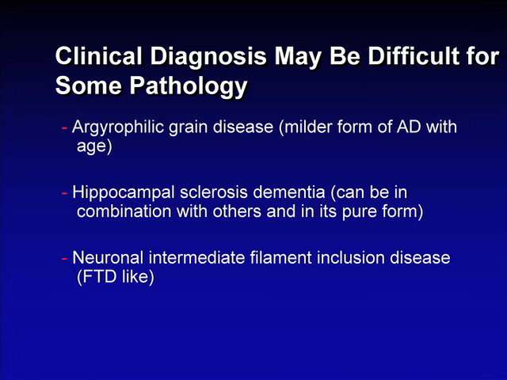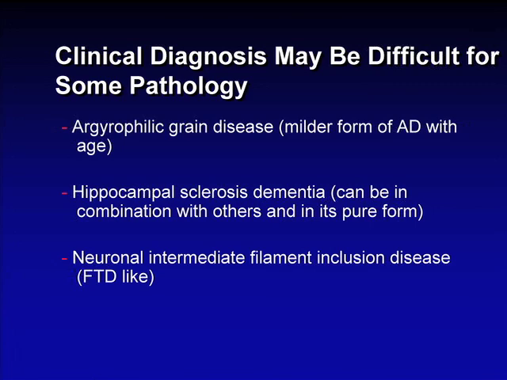Hippocampal sclerosis dementia, it's usually sclerosis of the specific hippocampus having memory problems that most commonly has a probable Alzheimer's disease clinical picture, but then you can have it in combination with other syndromes like FTD or Lewy body disease, which complicates the diagnosis and the progression of the disease.